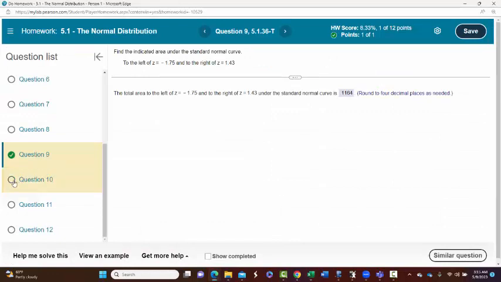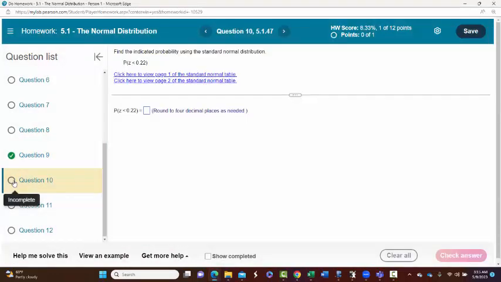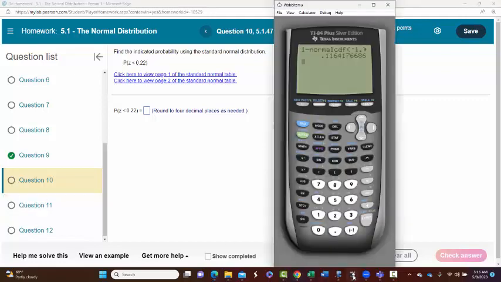1164. Let's look at question 10. So we're basically now going to be covering a less than, a greater than, and between two numbers. Showing you both calculator and Excel. So less than in the calculator, it's going to be normal CDF. We're coming from negative infinity.